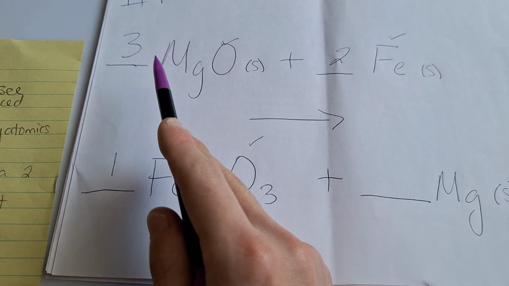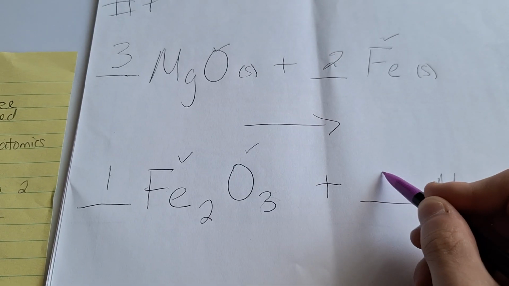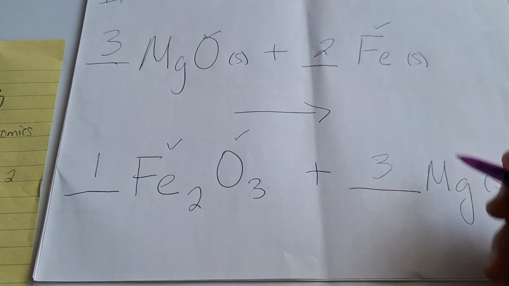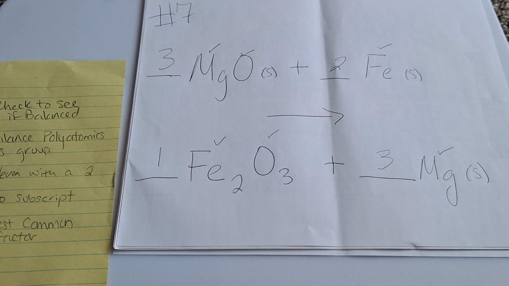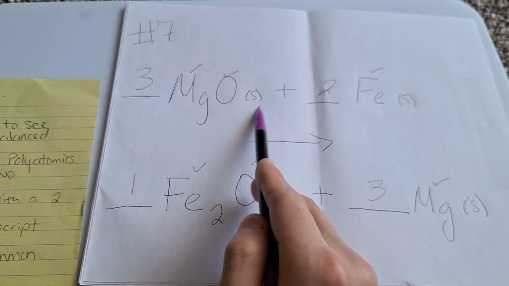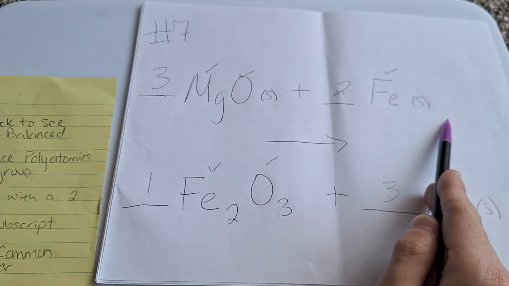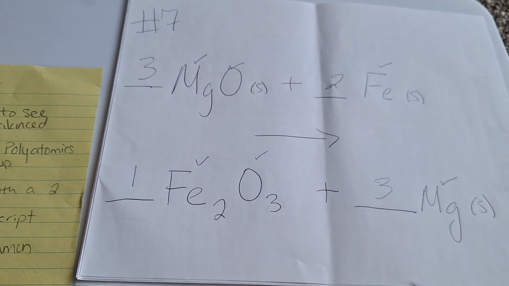Now those balance out. 3 magnesium here, 3 magnesium there, and now everything's balanced. So 3 MgO plus 2 Fe will produce 1 Fe2O3 plus 3 Mg.